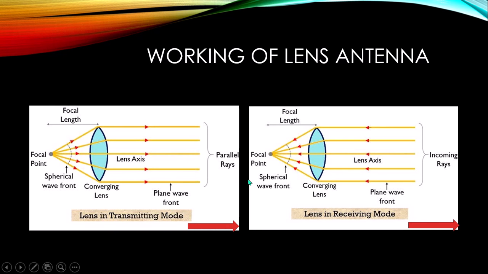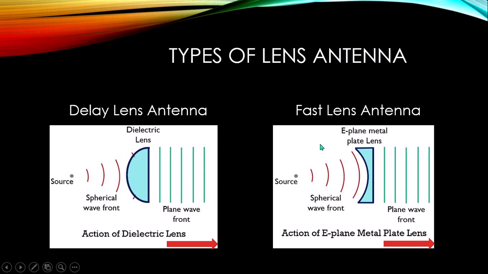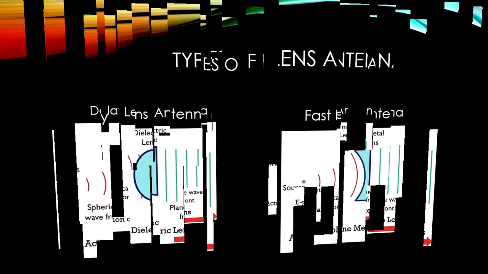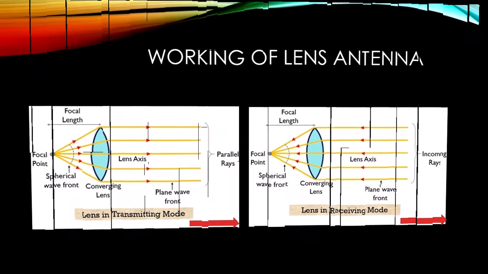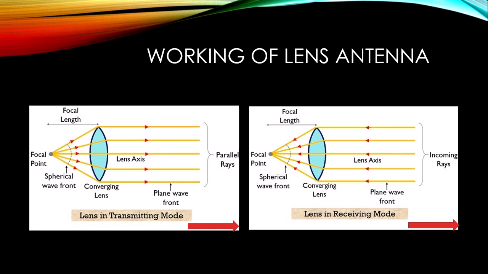So when the feed antenna, generally a horn or dipole antenna, is present at the focal point on the left hand side, as you can see here, the arrow is going back to the focal point.